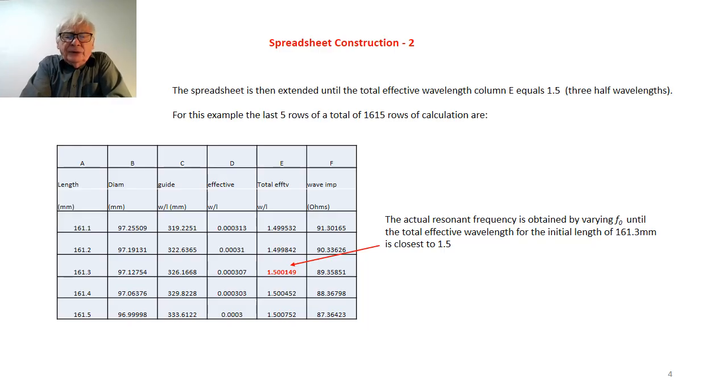And at this point, we iterate the design by slightly varying the input frequency until we get the value in this particular cell that's illustrated in red to be as close as we can to 1.5. So clearly this will be dependent on the tolerance of the whole spreadsheet itself, but we aim to get as close to 1.5 as we can, and in this case we've got to 1.500149.